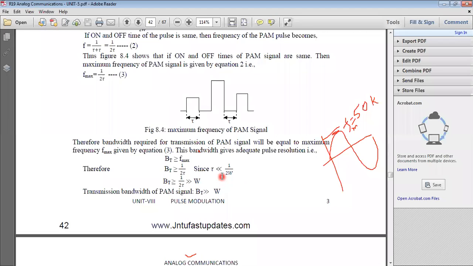But already you know tau is less than 1 by 2 tau. So the condition we got above is tau is less than 1 by 2 tau.